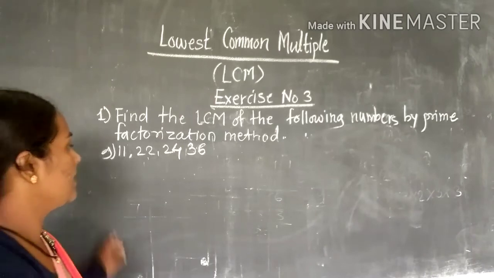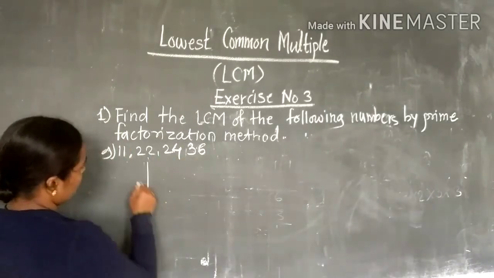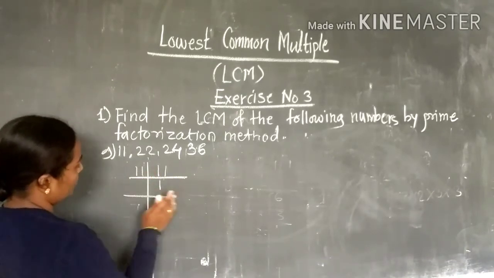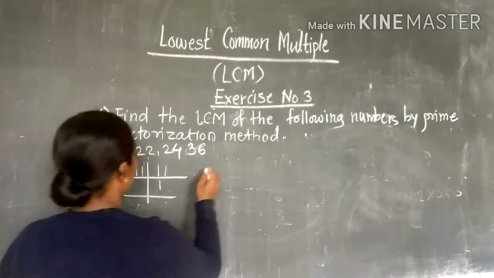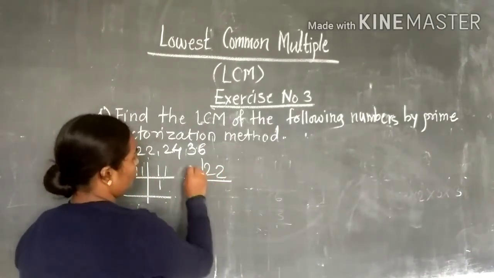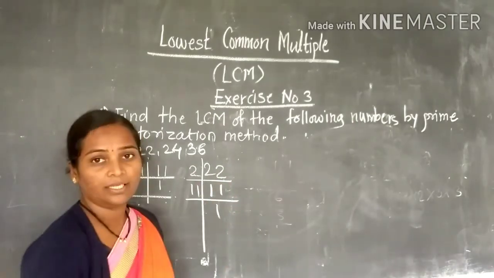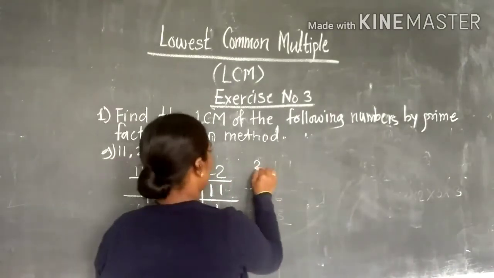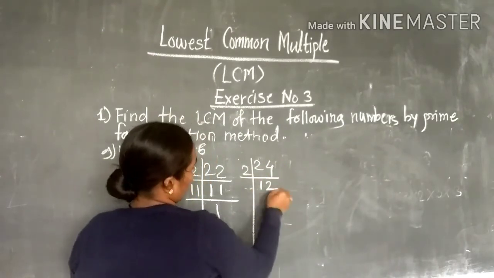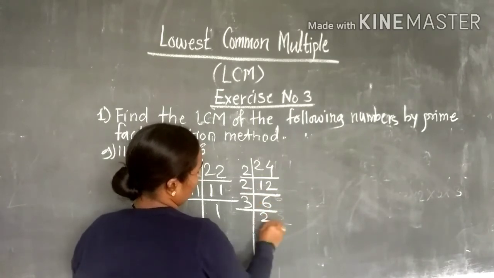See, the next question is 11, 22, 24 and 36. For 11, 11 ones are 11. These are all the factors of 11. Then for 22, 2 ones are 2, 11 twos are 22. For 24, 2 ones are 2, 2 2s are 4, 2 6s are 12, 3 2s are 6.